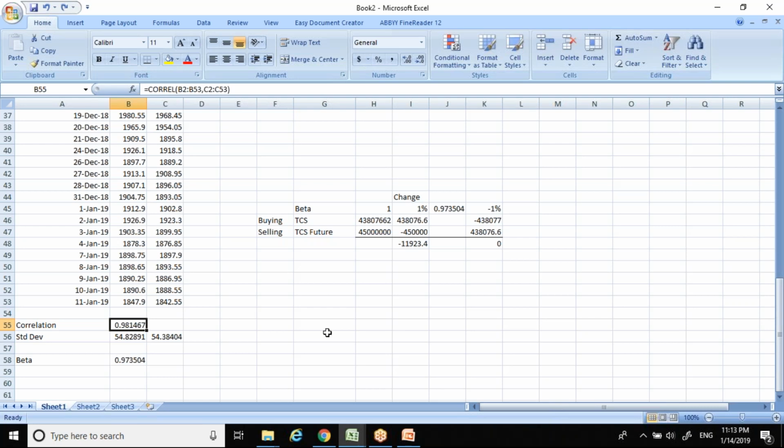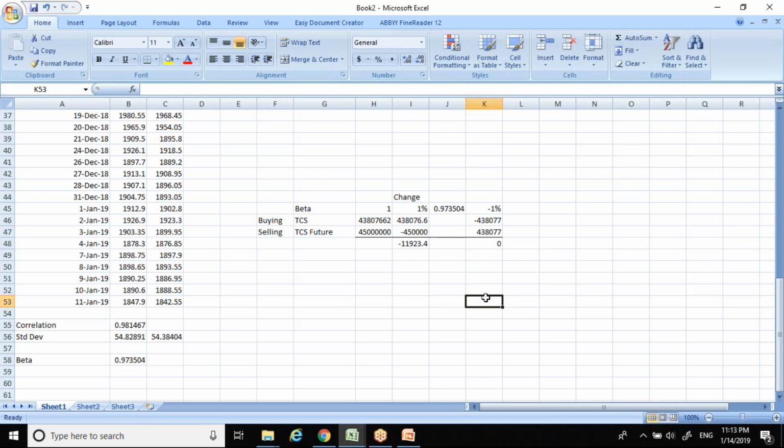So if there is not 100% correlation, there might be some risk involved. So we have a beta less than 1. So we have to buy lesser number of shares and more number of contracts to hedge our risk properly, right? So you got it? So this is the concept of hedge ratio.